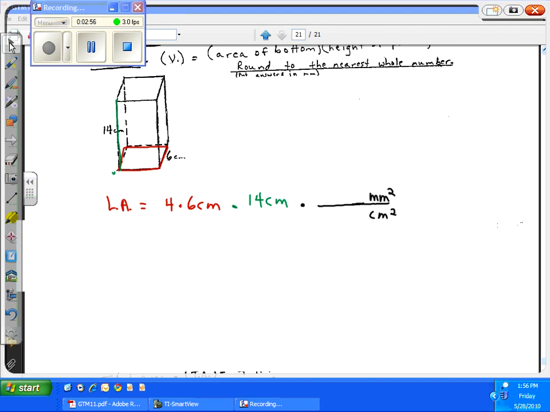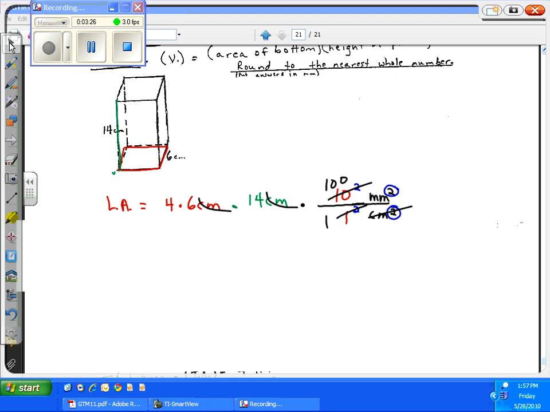Now the larger of the two is centi, and it takes 10 milli to make a centi, but we're not dealing with milli centi, we're dealing with square milli square centi, so we square the conversions. So 10 squared is 100, 1 squared is 1. We're losing 2 centis with that centi square there, and we're gaining the milli.